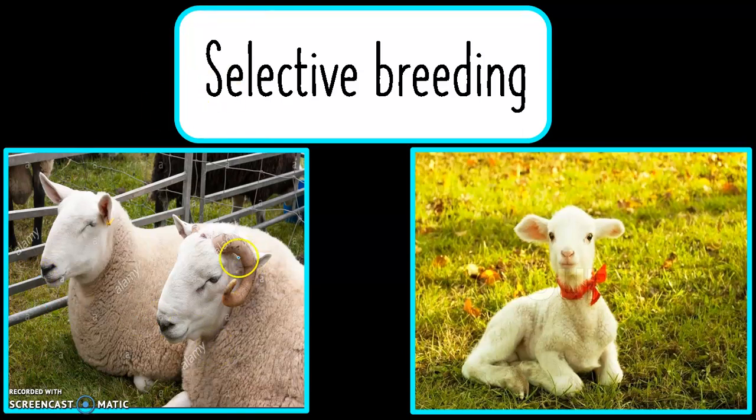Both of them are chosen, and then their kid will also have the fine soft under hair. This is how they specially choose the parents for the kid.